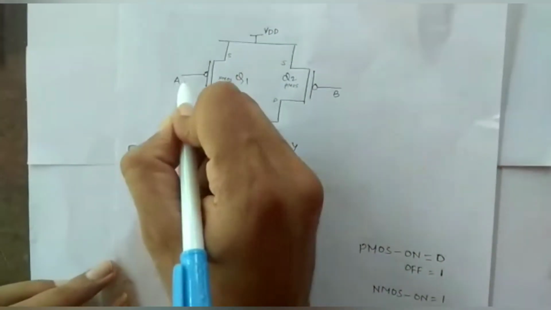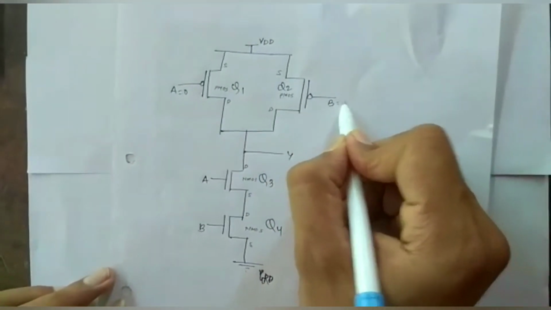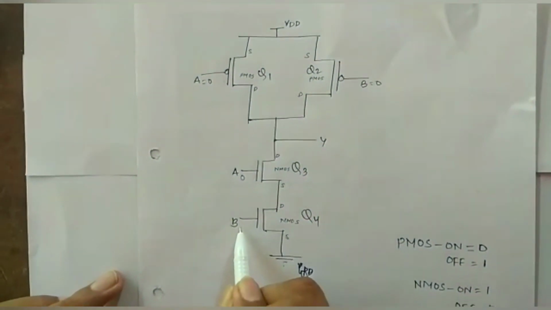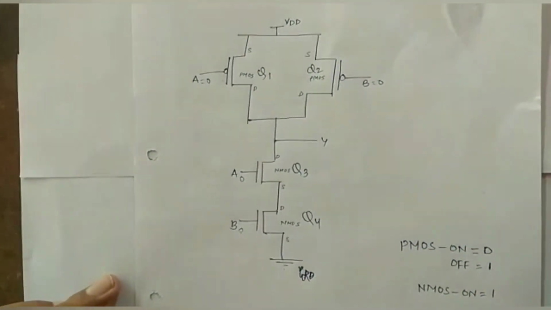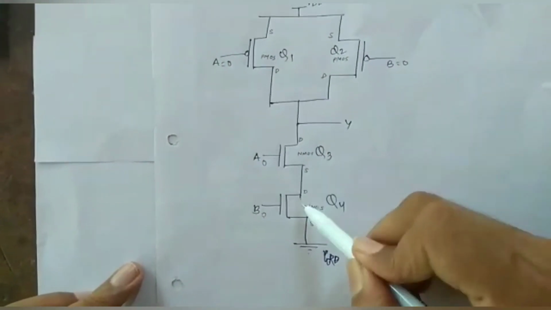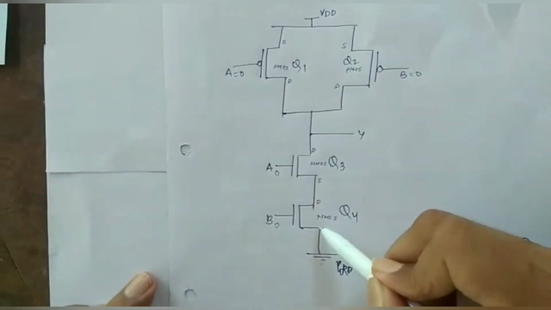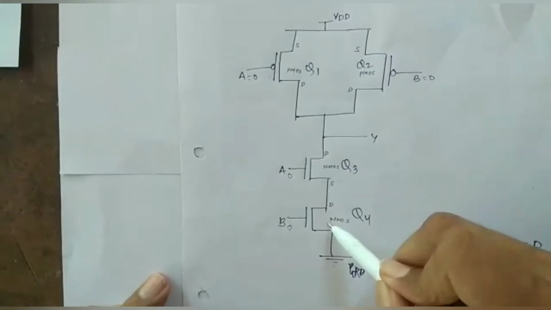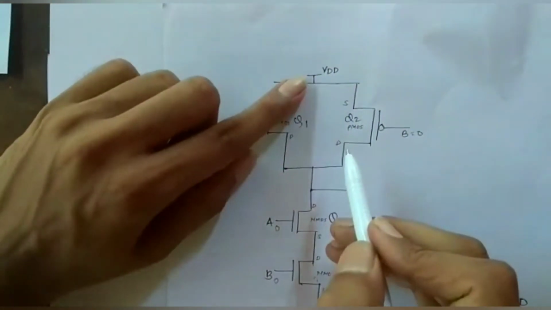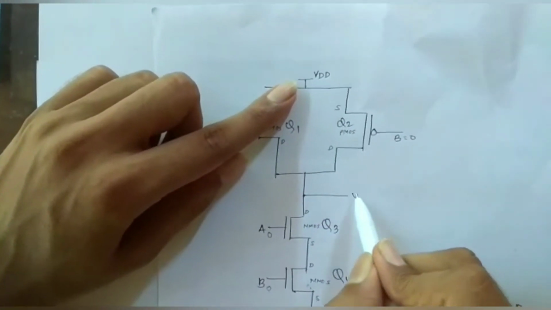When I give 0 to A and 0 to B, similarly 0 for A and 0 for B on the NMOS, the NMOS will be open circuited and off. And when I give 0 to both the PMOS, they will be on, directly connected to VDD, and the output is going to be 1.